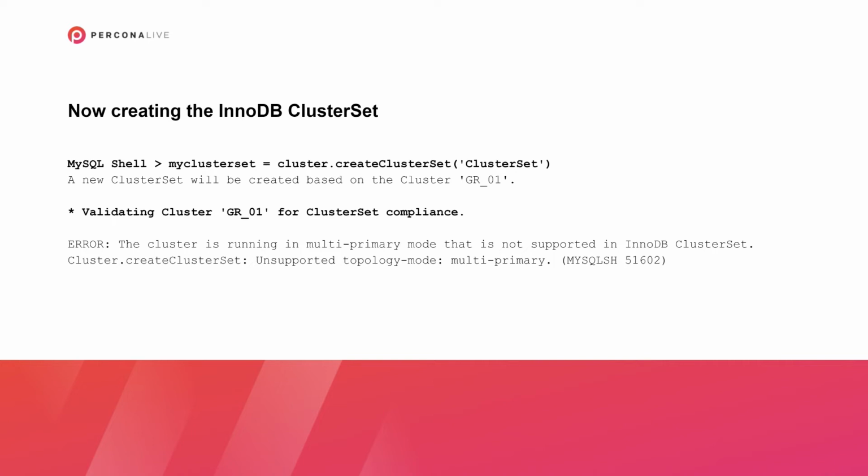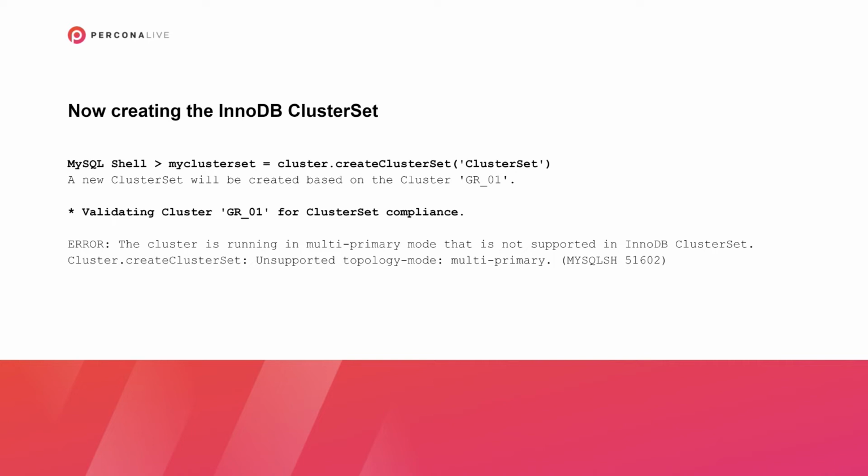And the first thing it does, it mentions it's going to create your cluster set based on our cluster gr01, and it validates the cluster for compliance. In this case, as we left it as multi-primary mode, and that doesn't work with cluster sets, it will tell you that it's an unsupported topology and that you need to change it.